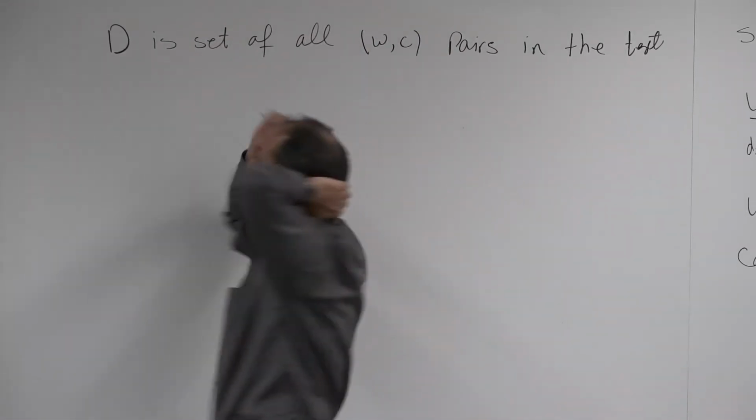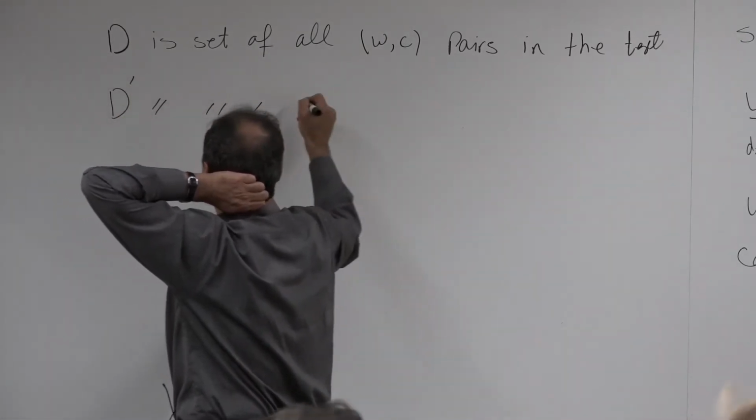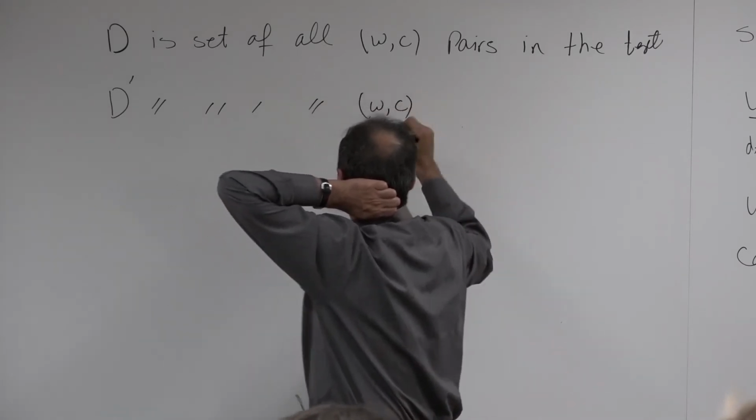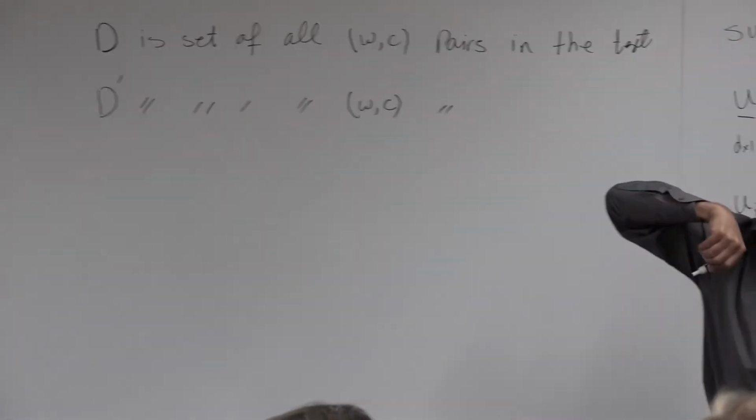Okay? Now assume that I have another set D prime, which is the set of all pairs that are not in the corpus.